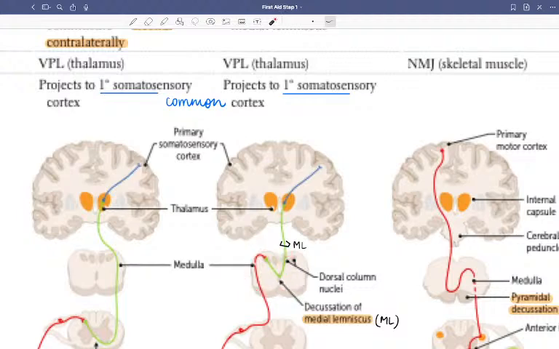There it was at the anterior commissure of the spinal cord. Here it crosses over at the medulla level, and then it ascends as a structure called the medial lemniscus. So the medial lemniscus is a part of the dorsal column. Then it goes to the VPL of the thalamus, where the second synapse takes place, and then obviously the somatosensory cortex.